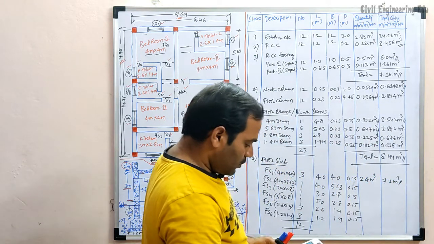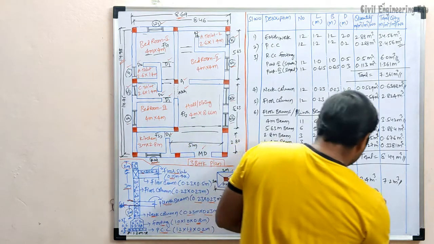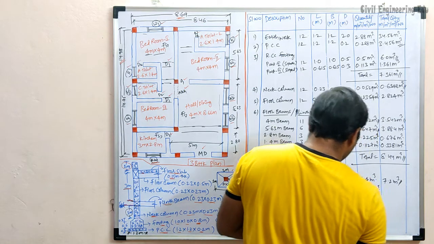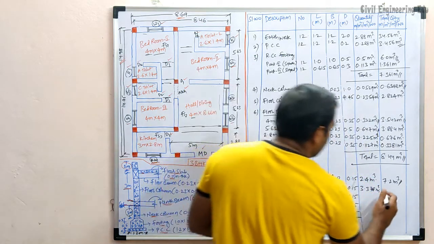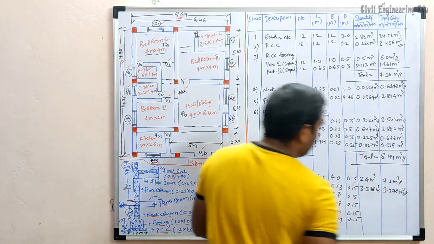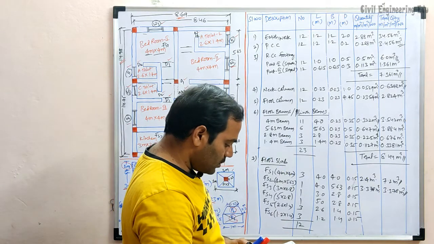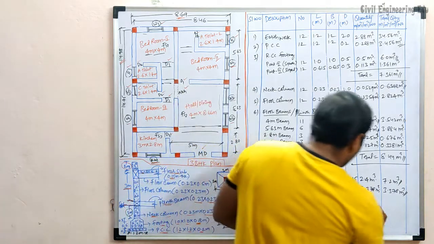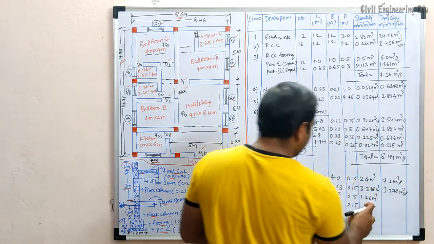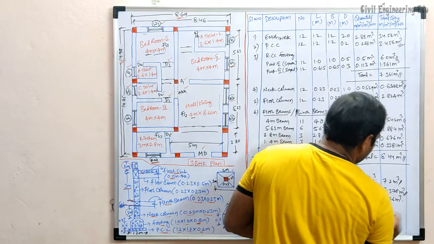Next one is 4 into 5.63 into 0.15, so it is 3.378 meter cube multiplied by one number, 3.378 meter cube. Now coming to floor slab 3: 3 into 2.8 into 0.15 is 1.26 meter cube multiplied by one number, 1.26 meter cube.